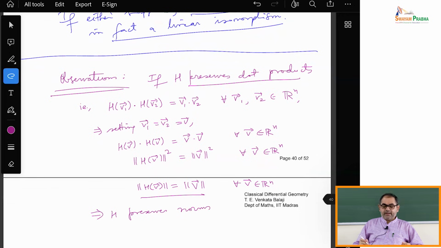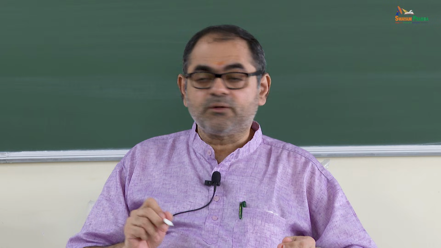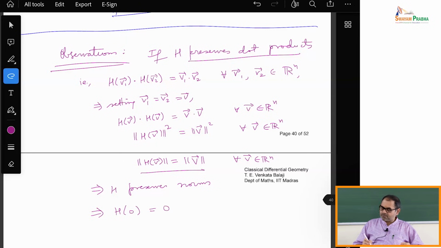And if H preserves norms, it is immediate that H will take 0 to 0. Because if you put V equal to 0, you get norm H0 is equal to norm 0, which is 0, and if the norm of a vector is 0, then it has to be the 0 vector. So this implies that H of 0 is equal to 0.